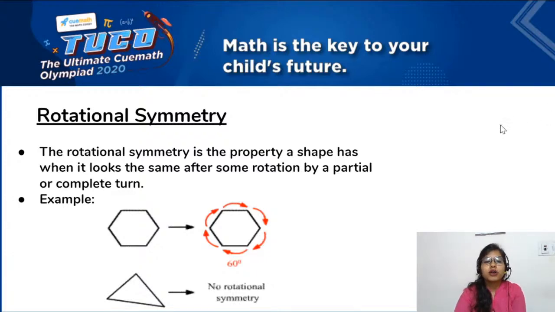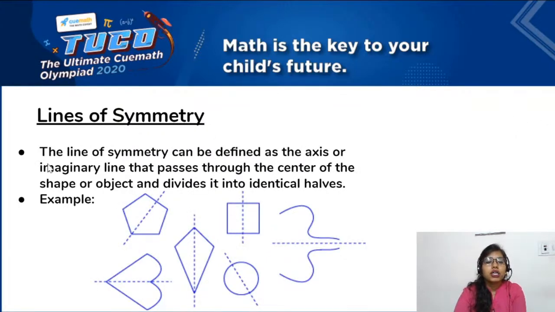Here go our lines of symmetry. Let's see what lines of symmetry mean. A line of symmetry can be defined as the axis or imaginary line that passes through the center of the shape or object and divides it into identical halves. When I say identical halves, as we were just discussing about butterflies and different things, it means that if you have two halves of a square and you take these two parts and overlap them with each other, they should overlap.